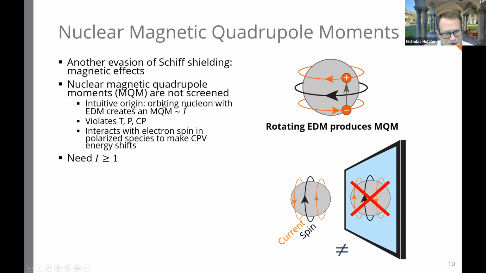And so here's an intuitive explanation of one type of magnetic effect that you could get in a nucleus that violates symmetries. It's a magnetic quadrupole moment.